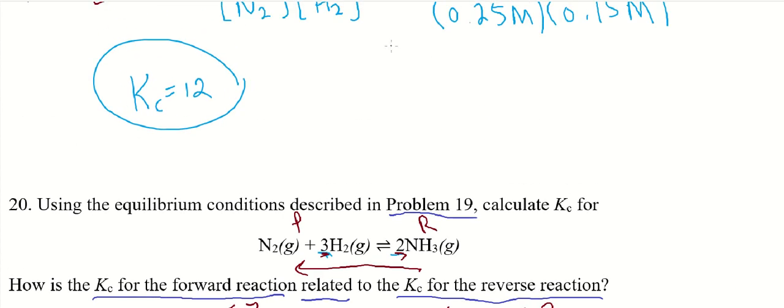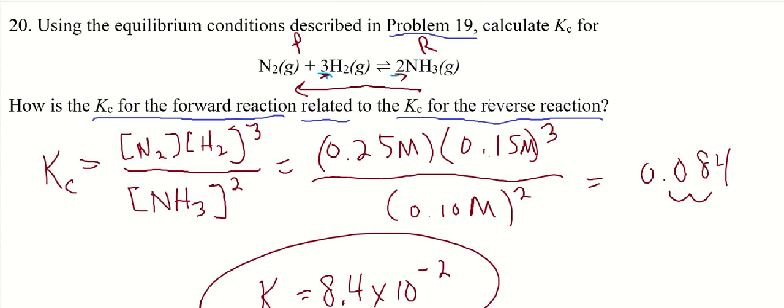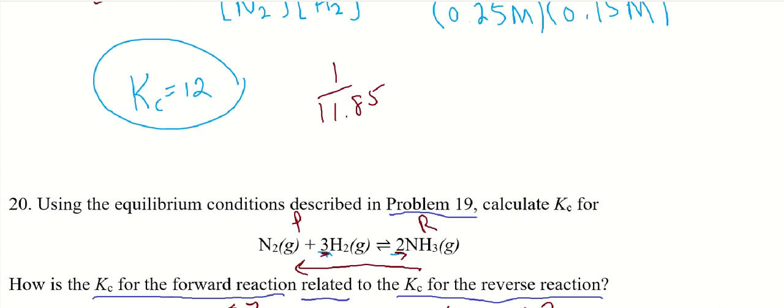Or if you take 1 over 11.85, and all those decimals, we rounded that to get to 12, then you should get this number, which you do. So they're related because they're inverses of each other. Now, what does this mean? Let's talk about that.